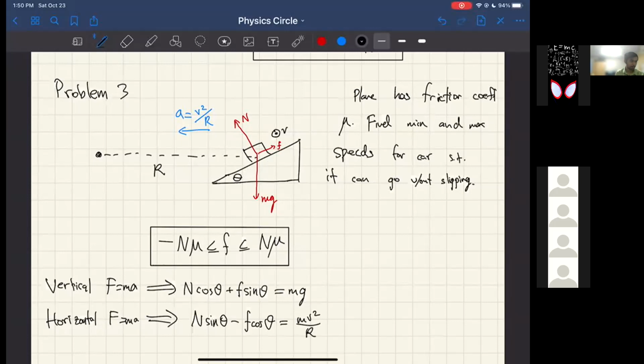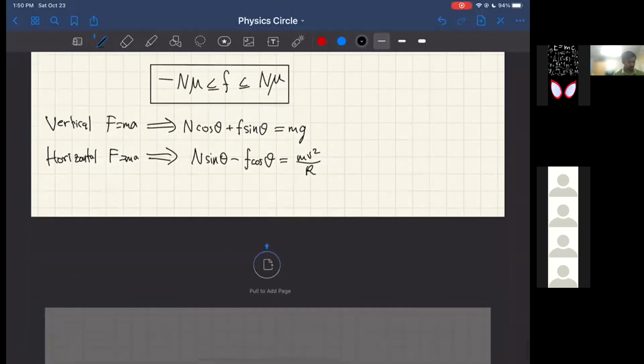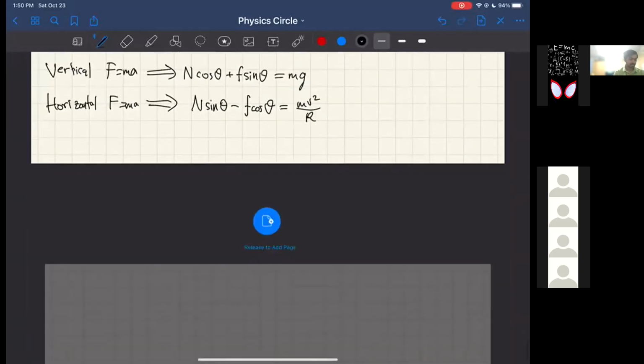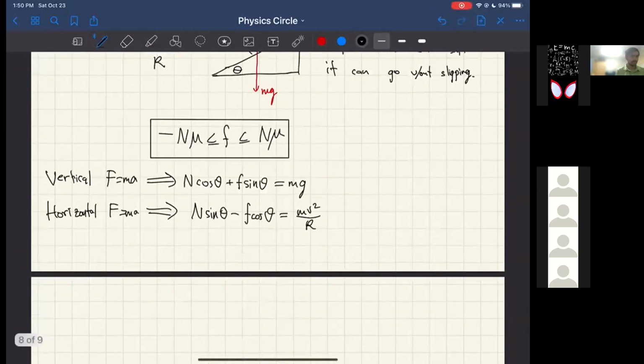All right. So to make this somehow a little easier to deal with, let's define R to be F over N. So R is this ratio of friction to normal force.